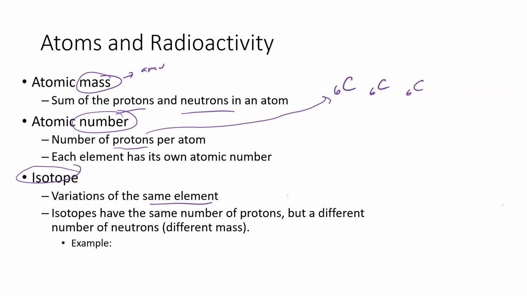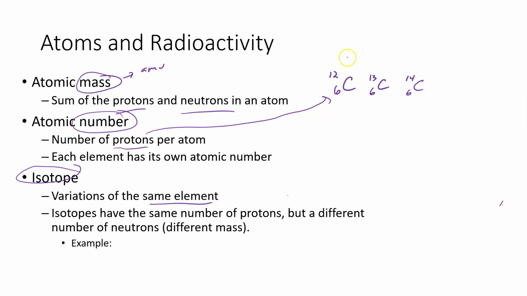What can happen in the nucleus of a certain type of atom is the number of neutrons can vary within a small range of numbers. For example, with carbon, we actually have 3 primary isotopes. We have carbon-12, carbon-13, and carbon-14.